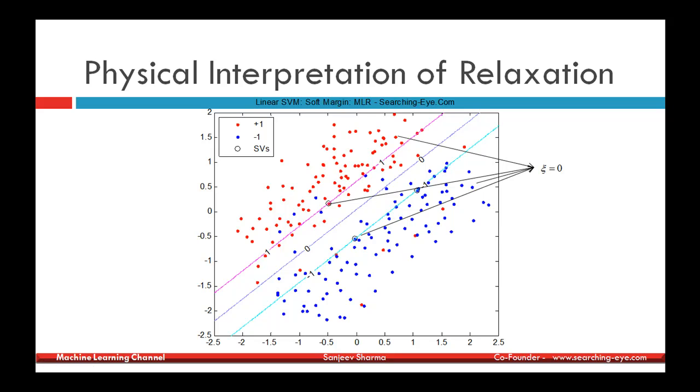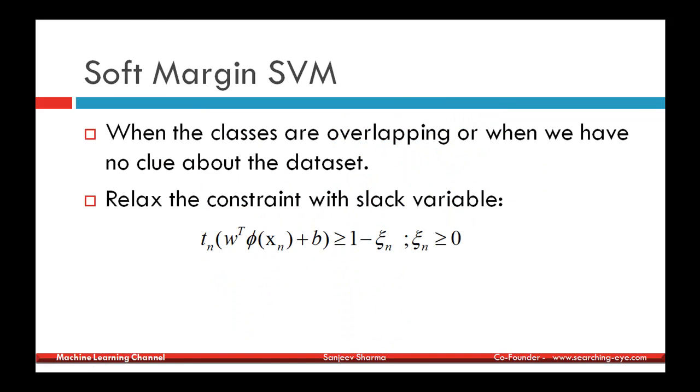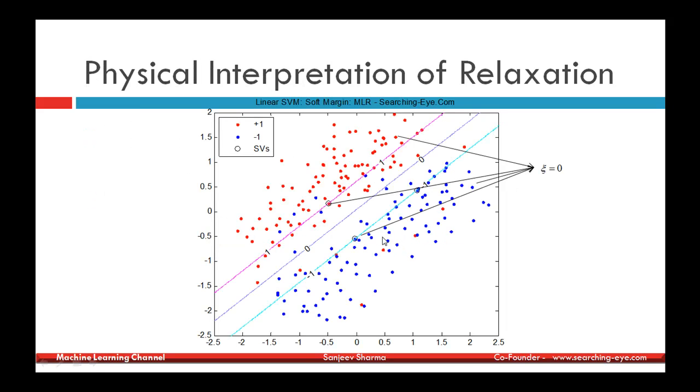For such points we will have tn times w transpose phi of xn less than 1, because they lie inside the margin, and therefore y of x will have value less than 1. To compensate and satisfy this constraint we will have the value of eta n greater than 0. So all the points which lie inside the margin but are correctly classified will have the value of eta between 0 and 1.